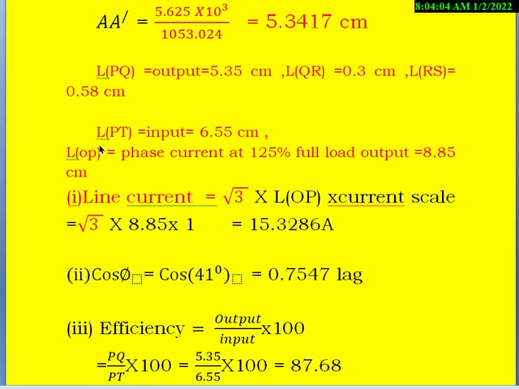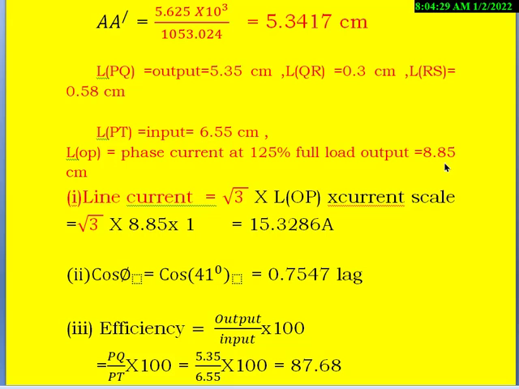When you measure the distance PT, which represents the input, it is 6.55 centimeters. And the distance OP, which is the phase current at 125% full load output, is 8.85 centimeters.